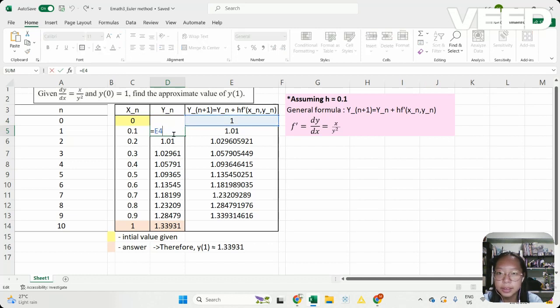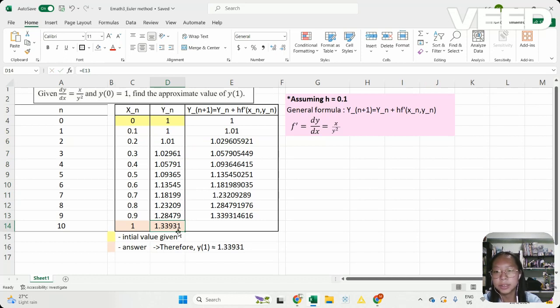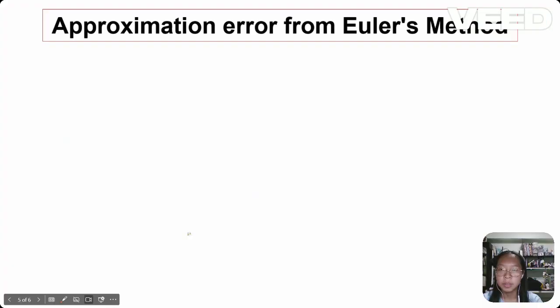This answer is here. And I did the same for the rest also. This answer is this answer here, and so on, until when x equals 1, my y equals approximately 1.33931.